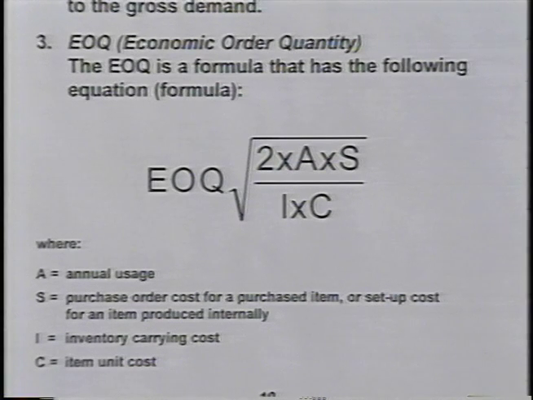The people on the production side have been using this formula for many, many years. EOQ is equal to the square root of 2 times the annual usage times either the purchase cost or the setup cost if the item is manufactured, divided by the carrying cost multiplied by the unit cost.